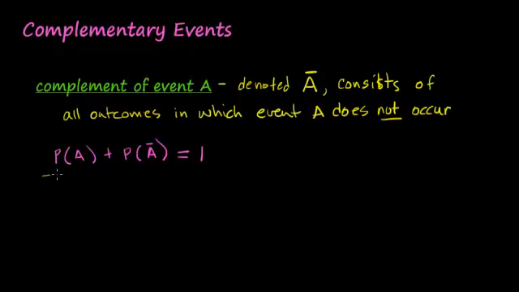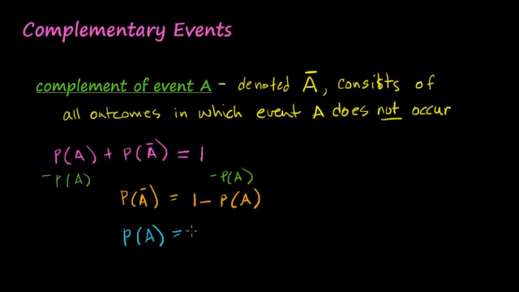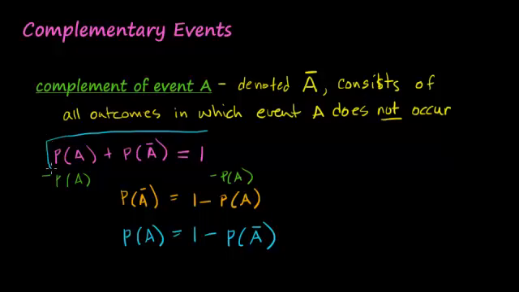We could subtract the probability of A from both sides, and we get the relationship that the probability of the complement can be found by taking 1 minus the probability of event A. And likewise, we could do the same thing and show that the probability of event A is equal to 1 minus the probability of the complement of A. So this relationship is very important in probability, and using these two is very common.